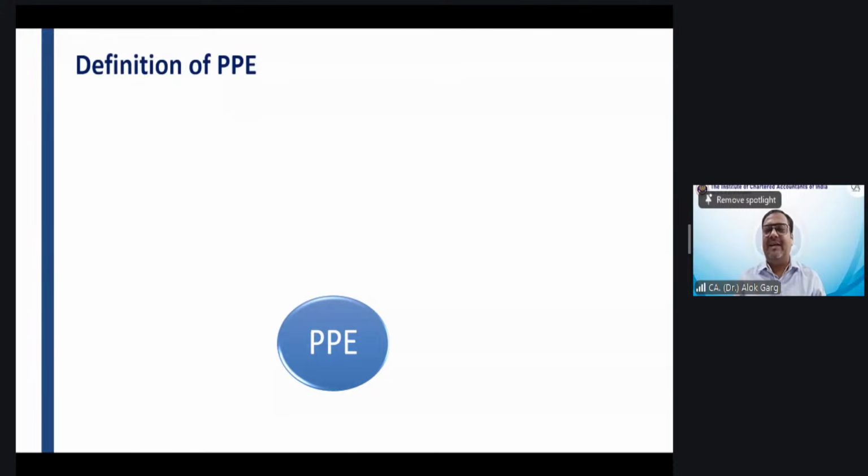In parking, my car is there. My car is PPE. My wife has given me cold water, which has come from the fridge. A refrigerator is electronic equipment, office equipment, again a PPE.